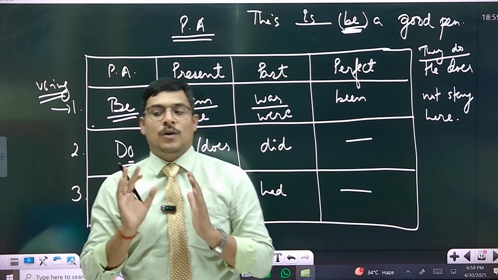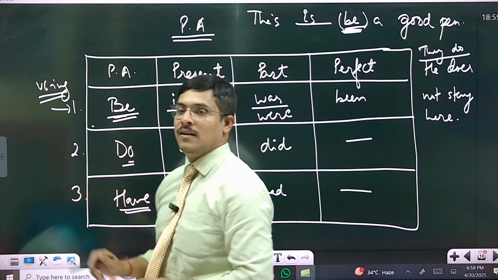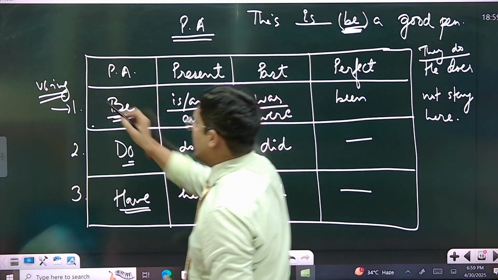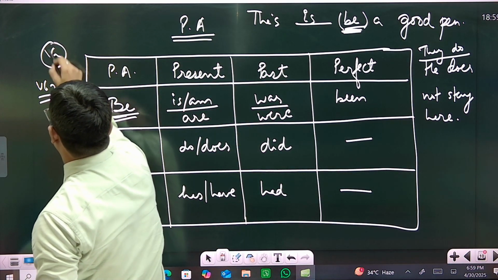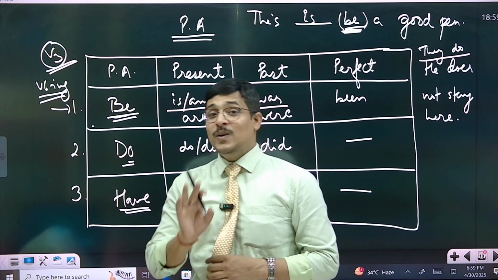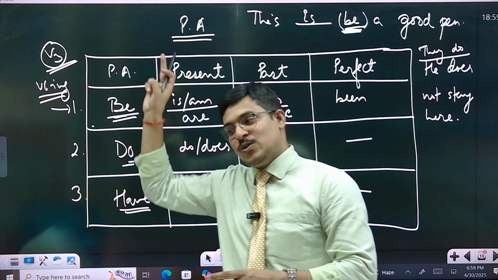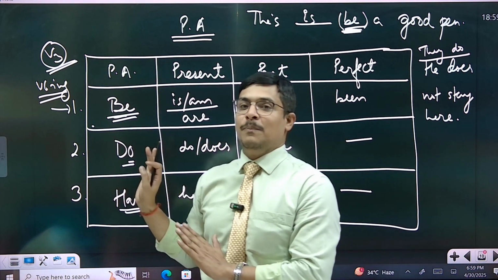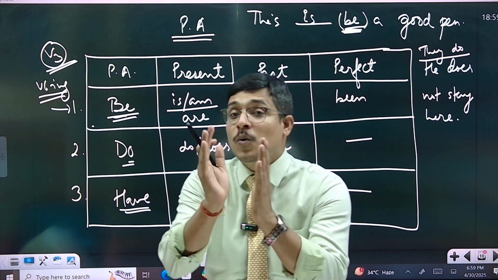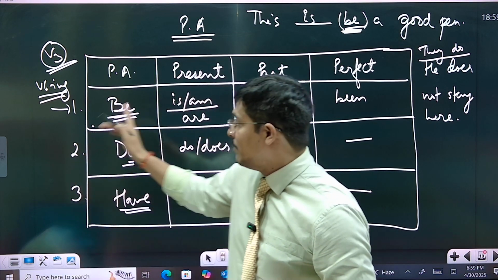No other verb form can be used with be when it is in active case. If it is in passive case, only V3, that is third form of verb. I know it is a bit confusing, but once you are practicing it, it will help you spot the common errors if you remember this.